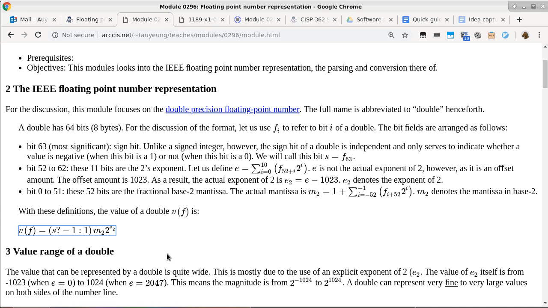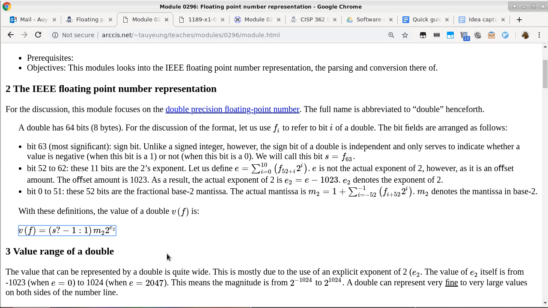So what do we multiply this negative 1 or 1 to? We are multiplying that to the mantissa in base 2. The mantissa in base 2 is always between 1 and 2, excluding 2 itself. It is always greater than or equal to 1, but always less than 2. That's what m2 is going to be.